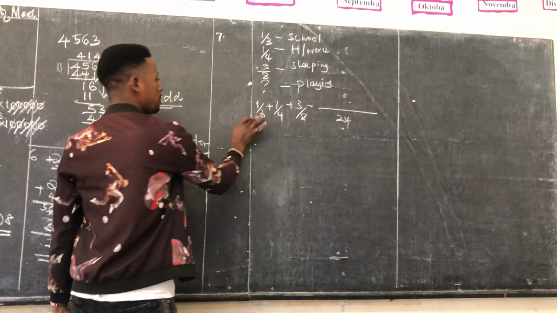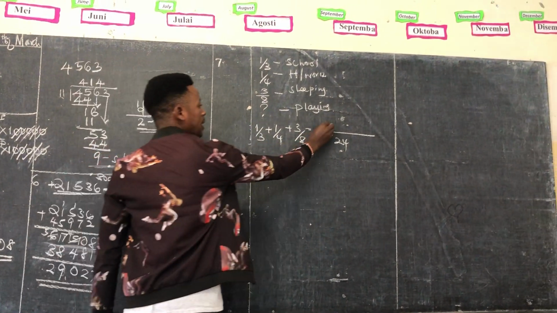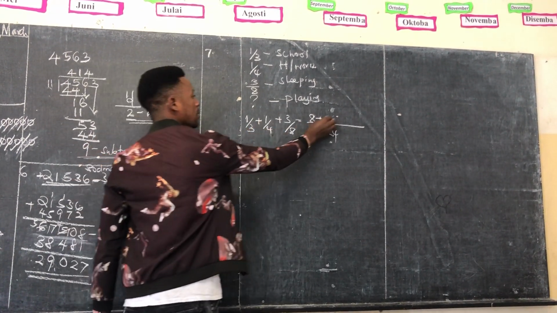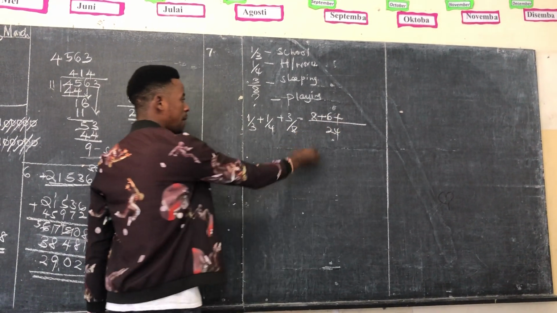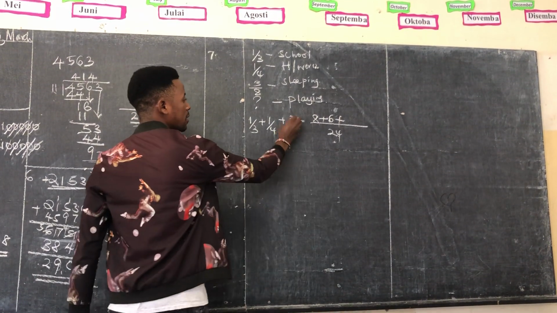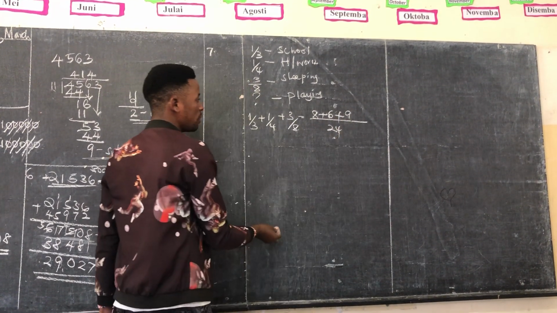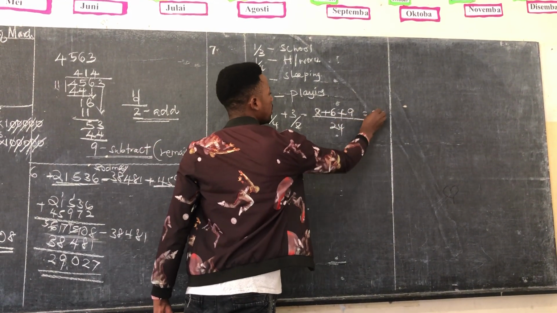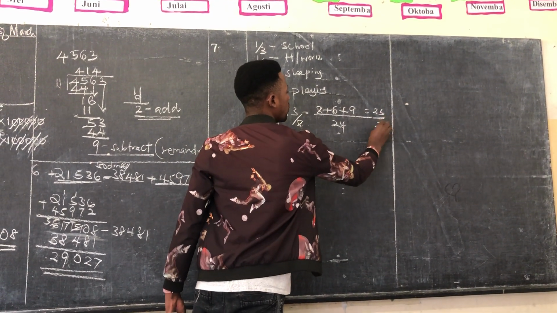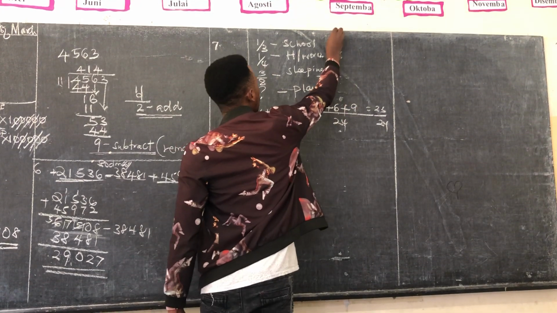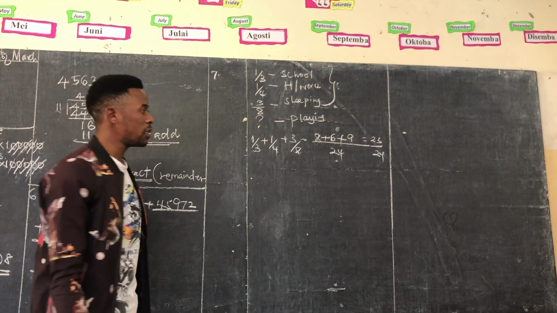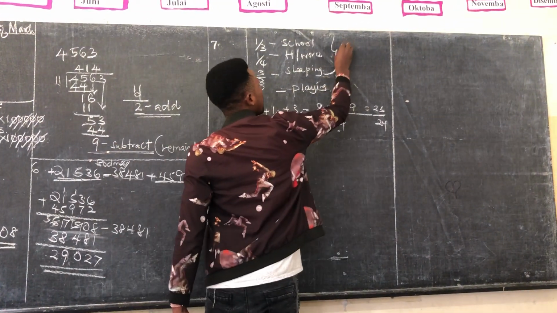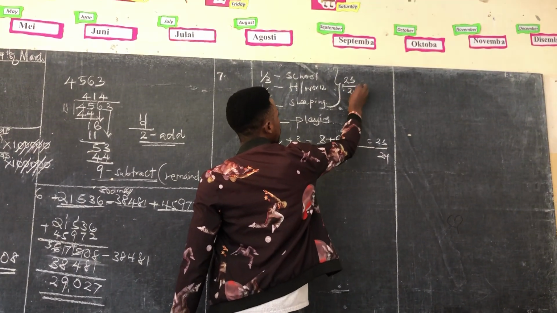So 24 divided by 3 is 8 times 1, 8, plus 24 divided by 4, 6 times 1, 6, plus 24 divided by 8, that is 3, 3 times 3, 9. So this gives you 8 plus 6, 14. 14 plus 9, 23/24.